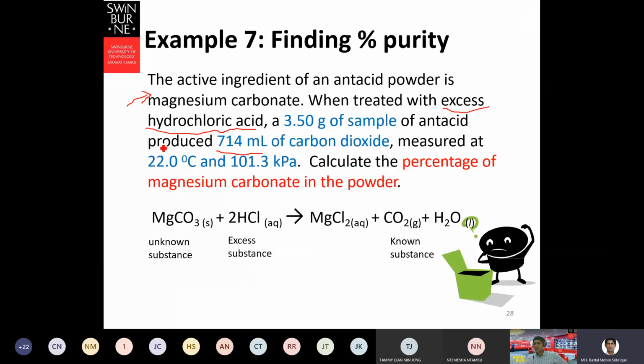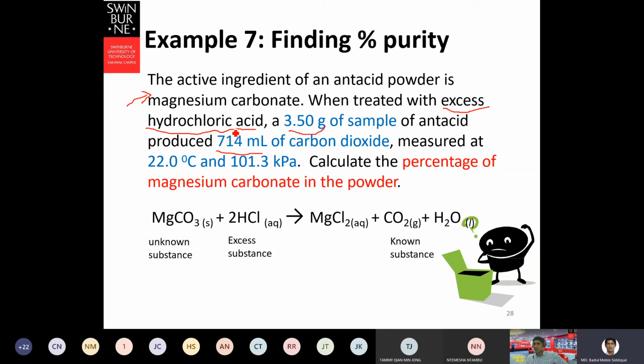714 milliliters of carbon dioxide was produced from a 3.50 gram sample, measured at 22 degrees centigrade and 101 kilopascals. Calculate the percentage of magnesium carbonate in the powder.